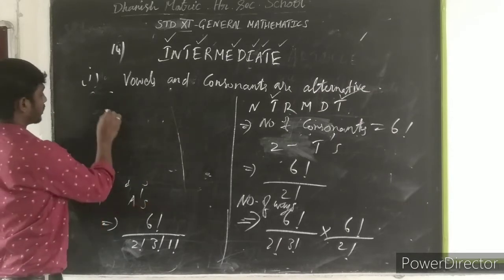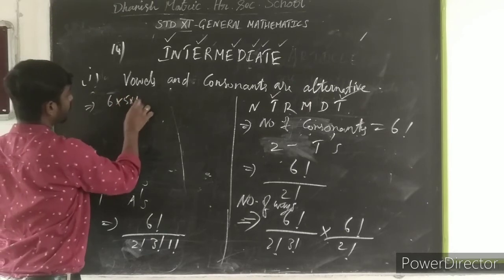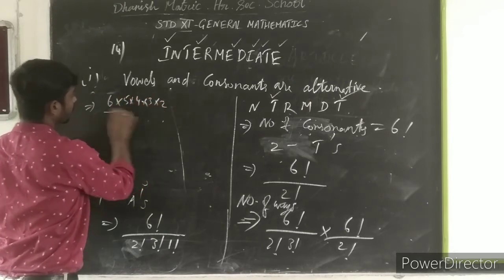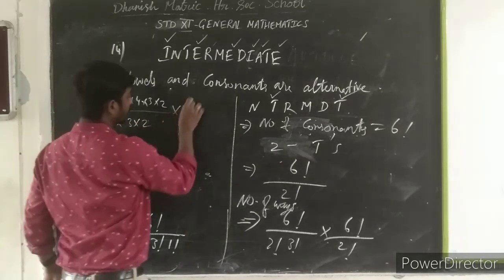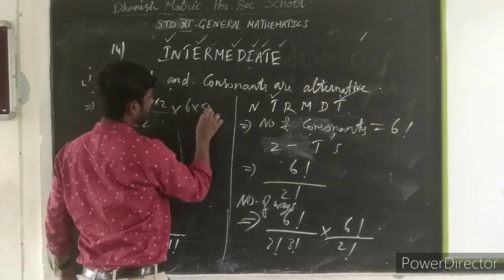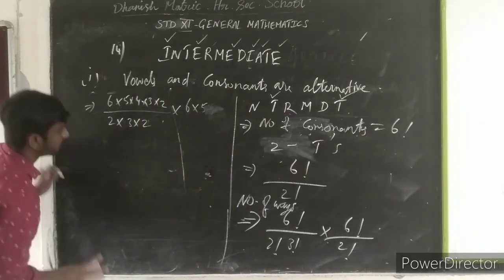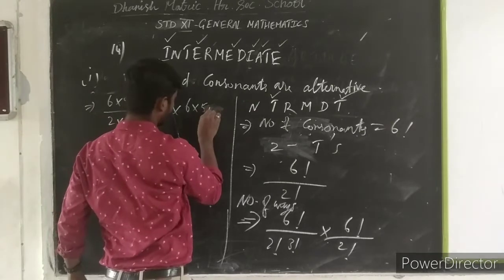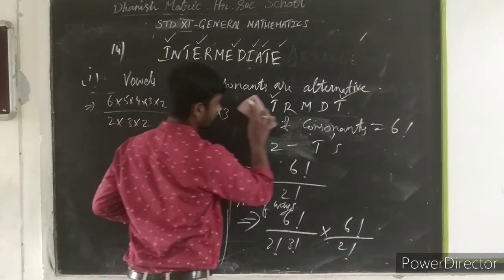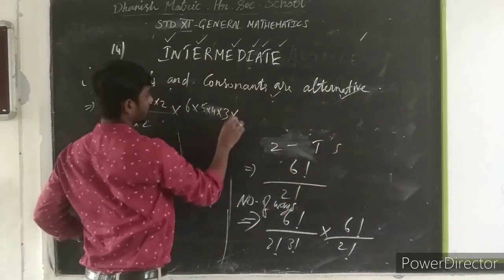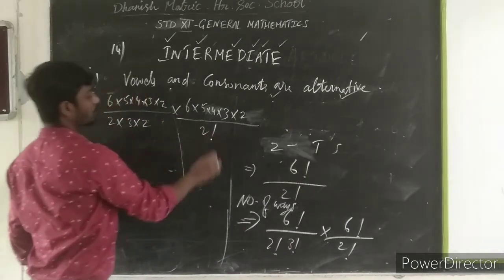Now abbreviate this one: 6 into 5 into 4 into 3 into 2, divided by 2 into 3 into 2, into 6, 5, 4, 3 into 2, divided by 2 factorial.